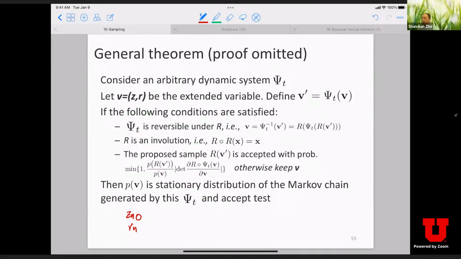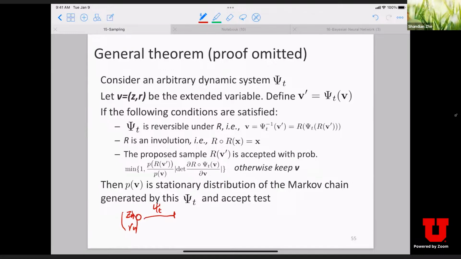Once you generate this augmented variable, you pair Zn and Rn and assign them as the initial state for some dynamic system. Then you just evolve this dynamic system for a certain amount of time. We denote this evolution by psi t, where psi means the physical system and t means it evolves for a duration of time t.